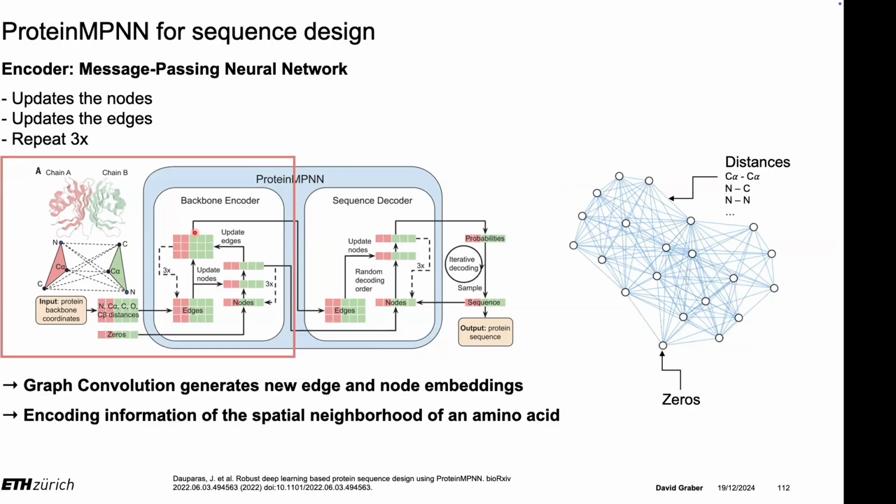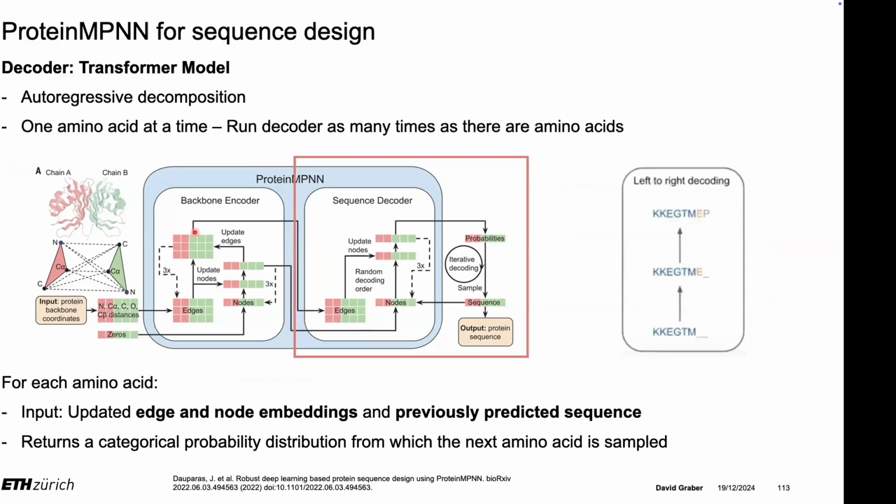of each amino acid. And then the second part is a transformer model that does autoregressive decomposition. So it's going through the sequence. At each part of the sequence, you want to identify a good amino acid, right? So it's going through the sequence, one amino acid at a time.